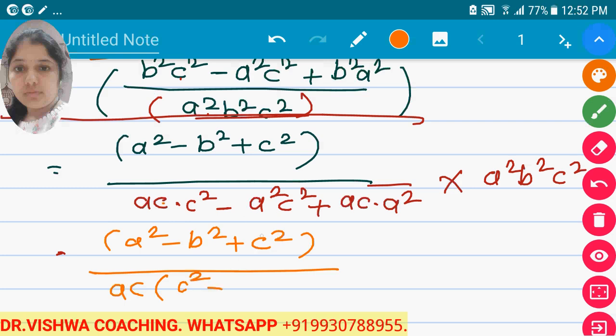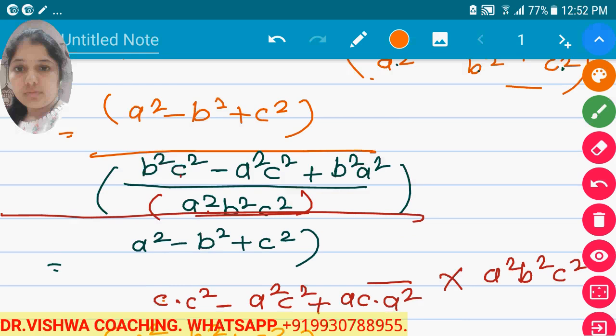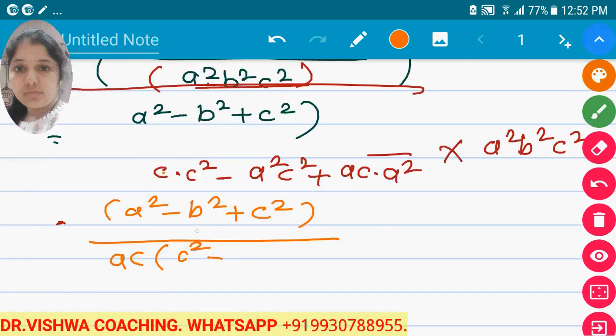If we take out AC, then AC is remaining, and plus if we take out AC, then A square is remaining here.